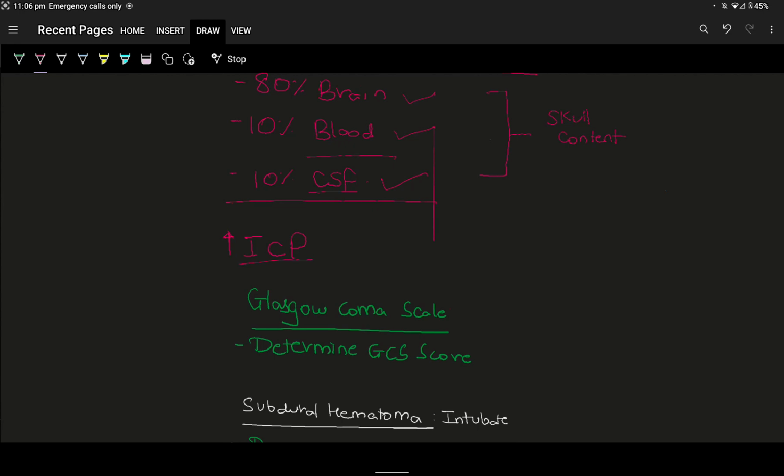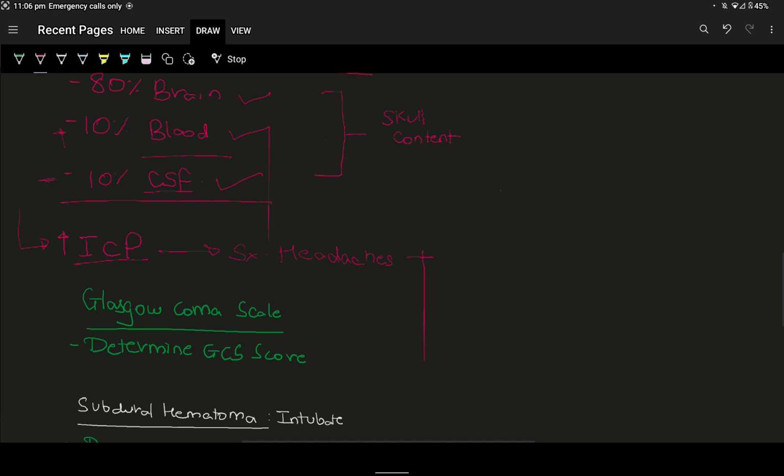In case that is not there, the blood volume increases but the CSF volume remains the same, there will be an increased ICP, and that increased ICP usually presents with symptoms such as headaches along with neurological symptoms.